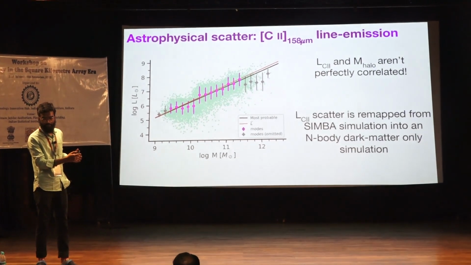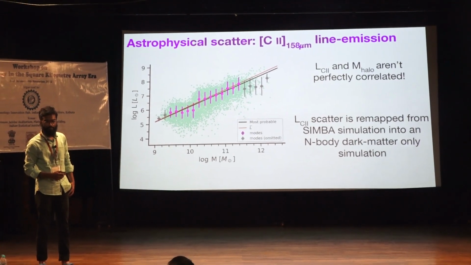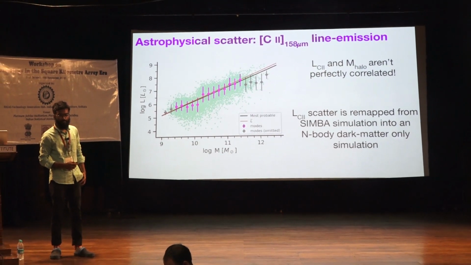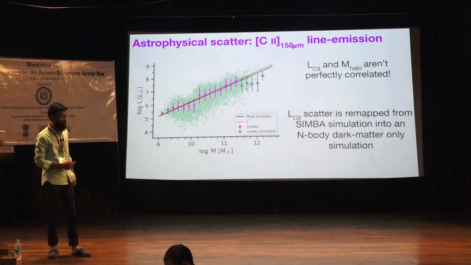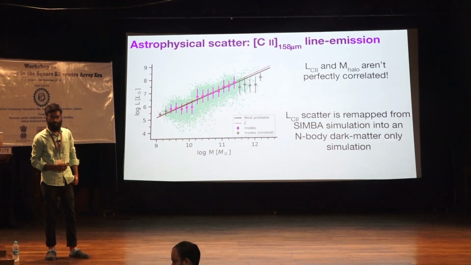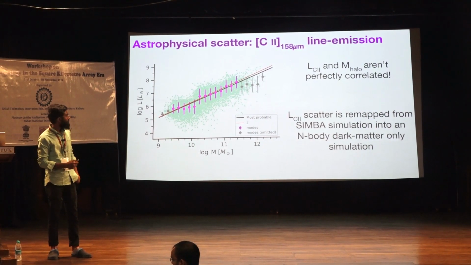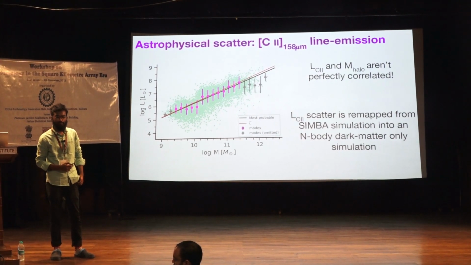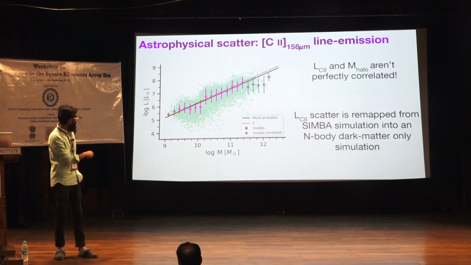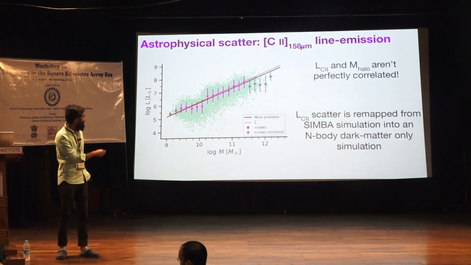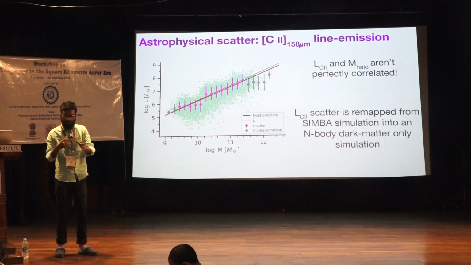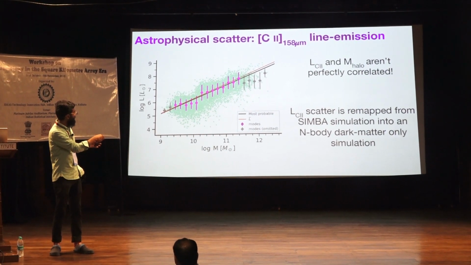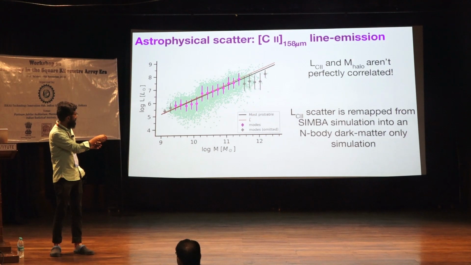Yeah, but this is scatter without any environmental information, because a 10 halo mass galaxy could be in a different environment and the other could be in a completely different environment. Yeah. So that may affect the power spectrum, right? Because if the environmental dependence is not accounted for. Yeah, but ultimately what we are actually interested in is how these environmental effects play a role in these two quantities, halo mass and the luminosity.